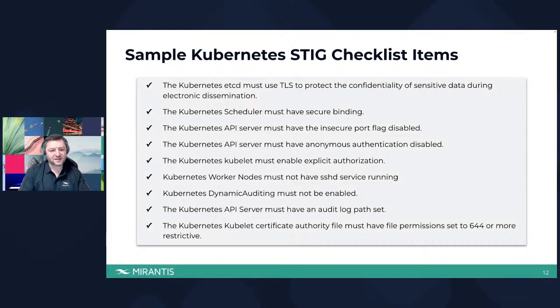You should not have SSH running on the worker node because you don't want someone to connect directly to the worker node, etc. So there is a set of items to check within the configuration of your Kubernetes cluster or environment that must comply with the STIG standard.